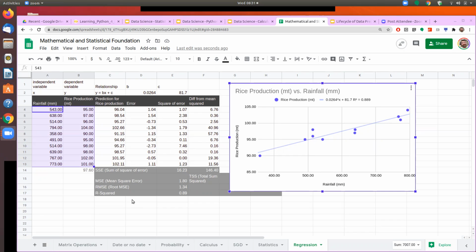Now that we have understood the concept of R square, let's see what the VIF is doing.